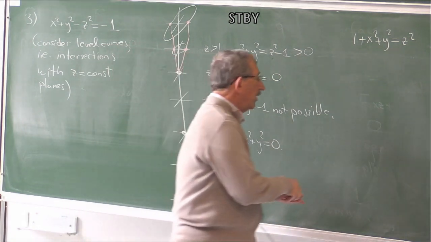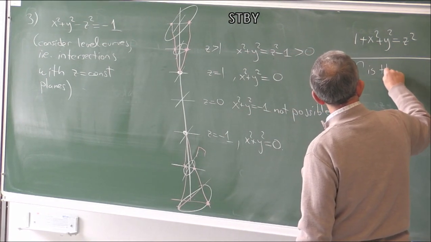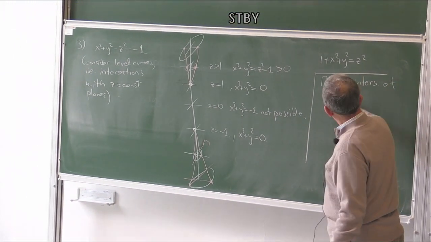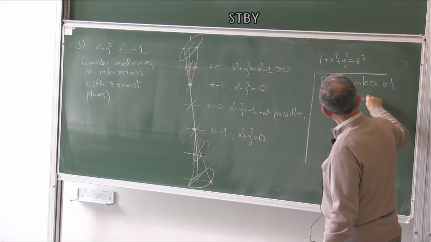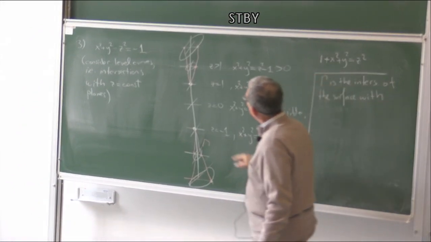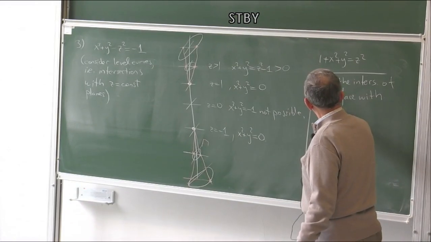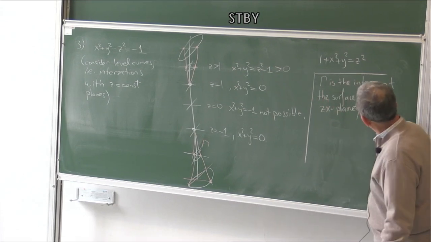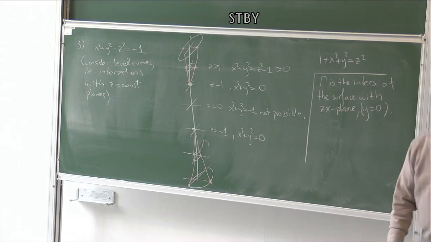Again, gamma is the intersection of the surface with the z-x plane, which is y equals 0.